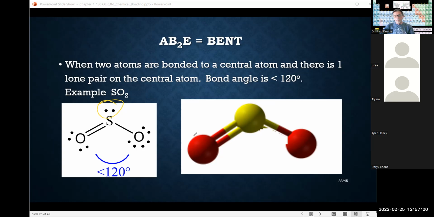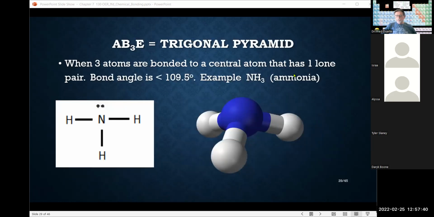You would think carbon dioxide would give a similar structure, but we can't, because sulfur brings in an extra pair of valence electrons, and we have to put them somewhere, and they happen to go on the central atom. The point of this: totally different, even though on the surface you would anticipate them to have a similar structure, CO2 versus SO2. They're totally different because of the lone pair on the central atom, with totally different properties.